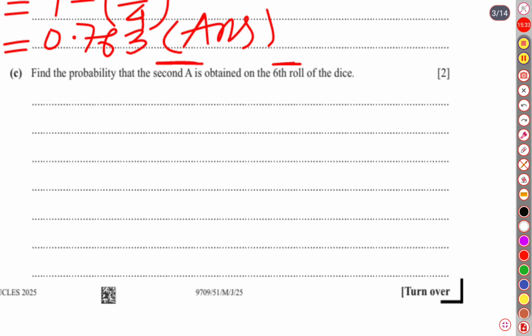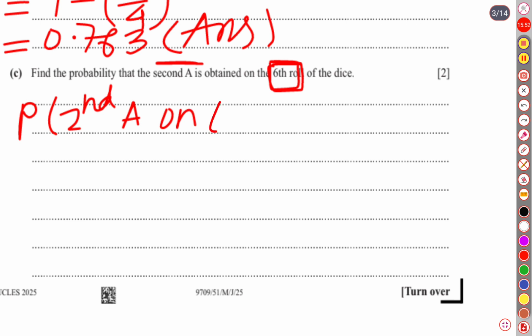But on the sixth roll it was nothing but success, so we can write the probability of the second A on the sixth roll equal to, on the sixth attempt it was success, and our probability of success is 1 over 4.